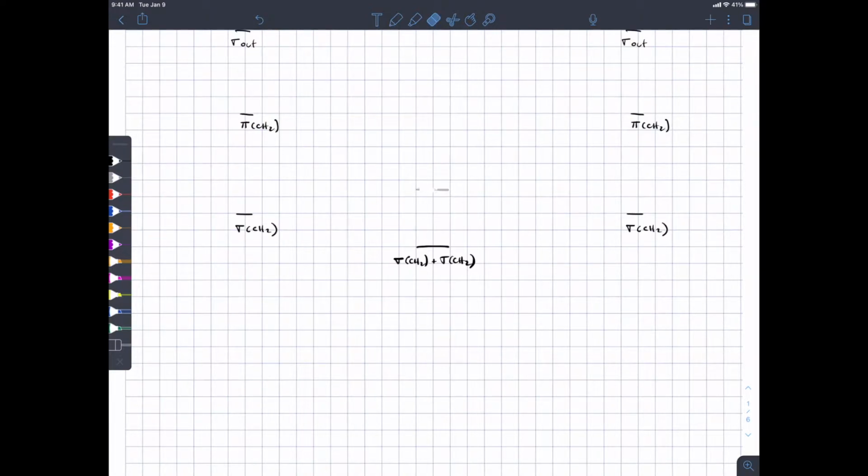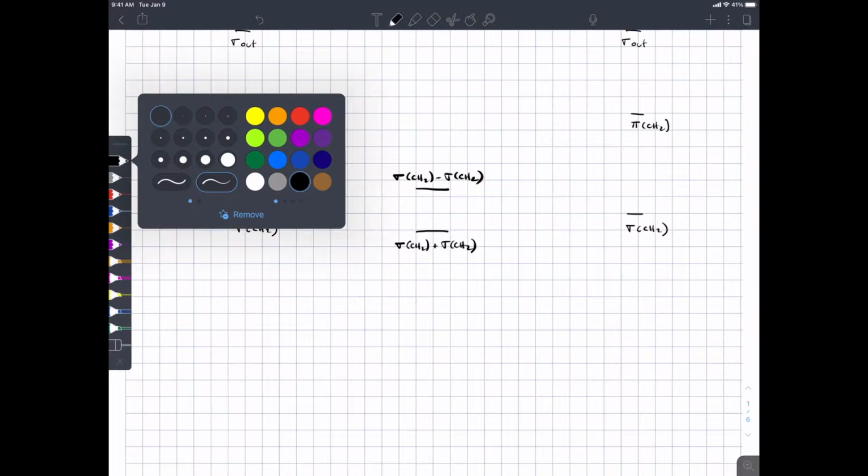So let's just conserve space. We went 1 unit down there. Let's go 2 units, or maybe 1.5 units up here. This will be the sigma CH2 minus sigma CH2. And these orbitals look exactly like you would expect.